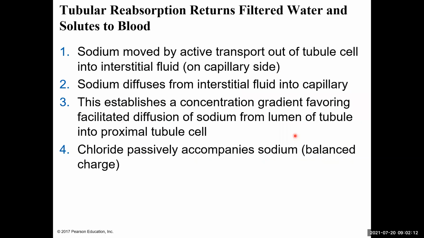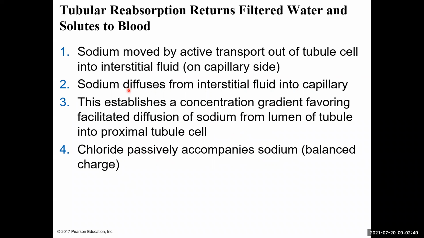And so the tubular reabsorption, basically you have sodium being moved out of the filtrate via active transport into the interstitial fluid. Sodium then will diffuse from the interstitial fluid into the capillary, and this creates a concentration gradient favoring the diffusion of sodium from the lumen to the tubule cells. Okay. And then chloride will passively move with the sodium because of those charges, because of sodium being positive and chloride being negative.